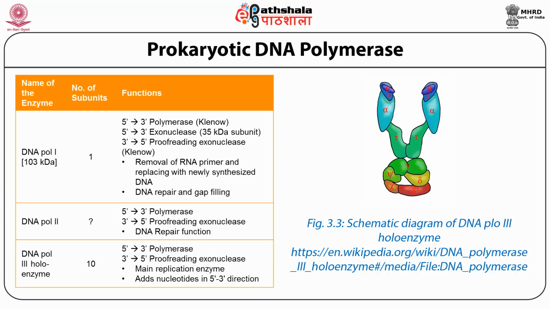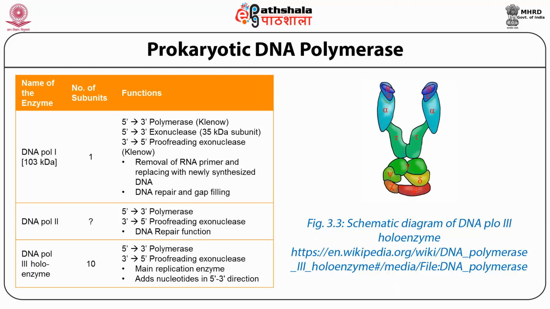The exact number of subunits of DNA polymerase II is not known, but it is known to be involved in DNA repair function and shows prominent 3' to 5' proofreading exonuclease activity. DNA polymerase III is the largest of the DNA pols. It's a holoenzyme having nearly 10 subunits, out of which the alpha, epsilon and theta subunits form the core enzyme and the other subunits form the accessory enzyme activity.